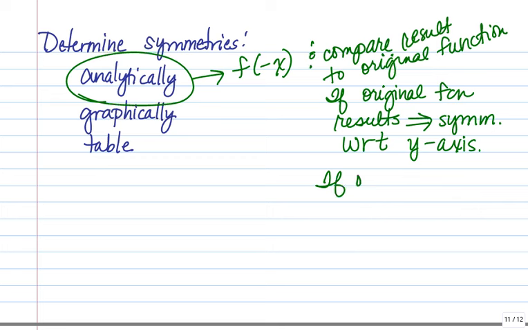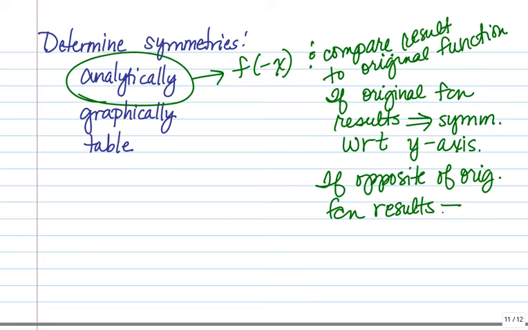If the opposite of the original function results, we have symmetry with respect to the origin. If neither the same nor the opposite happen, then it's neither of those symmetries.